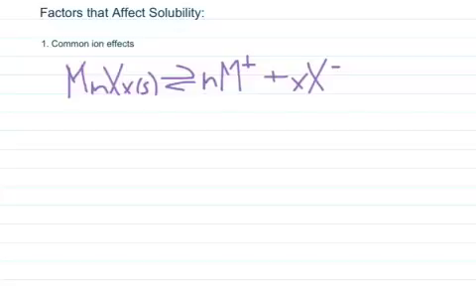Now let's talk about the ion's concentration. So if we increase the ion's concentration, let's say we increase the M positive, for example, what's going to happen?